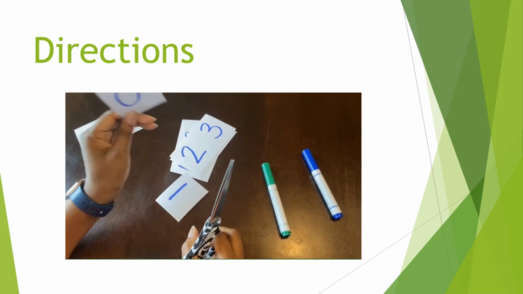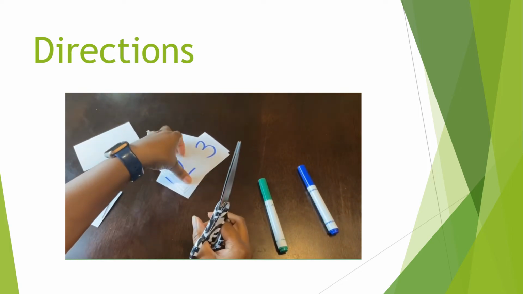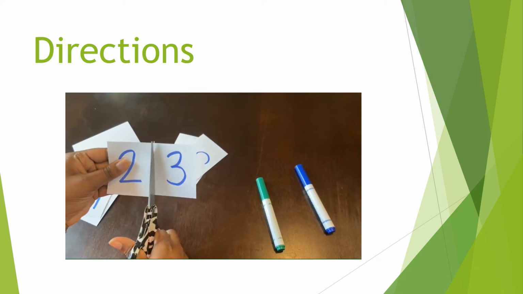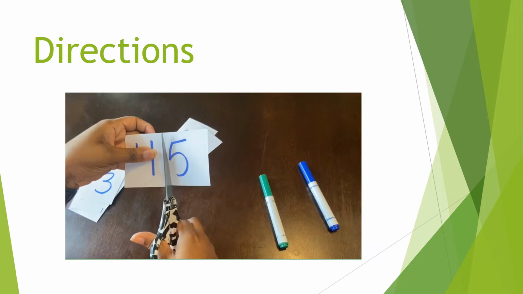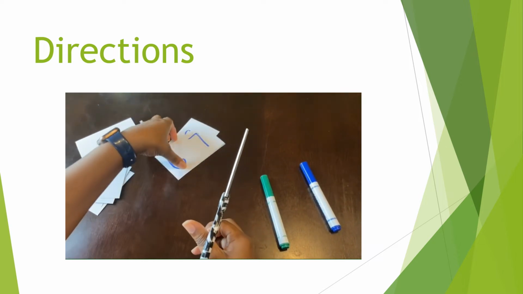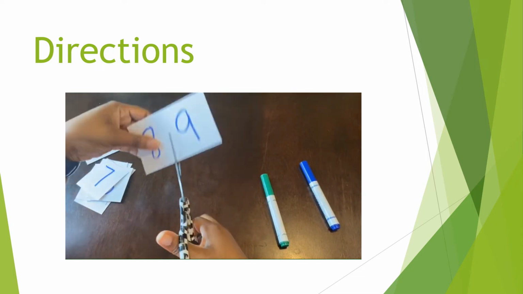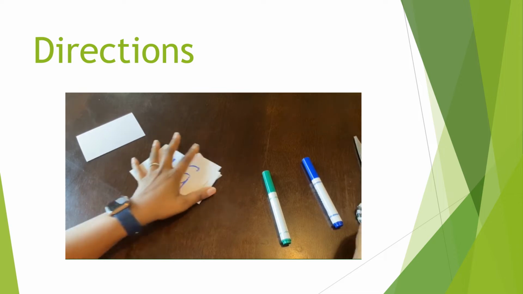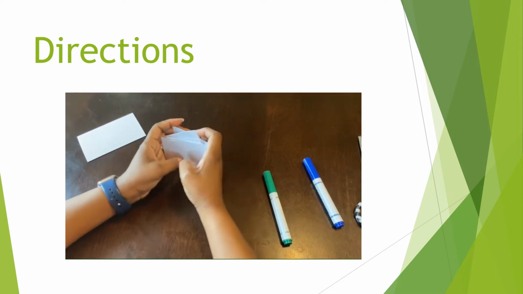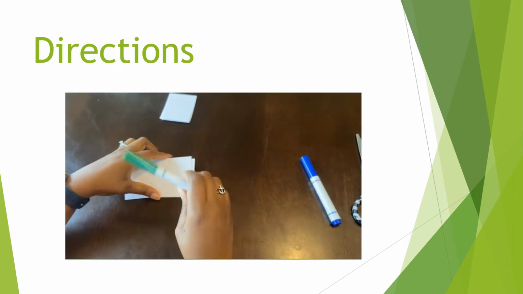So essentially now you have a 0 card, number 1, 2 and 3, 4 and 5, 6 and 7, 8 and 9. Put them together, make a stack, turn it over, and do the same thing with your green marker.